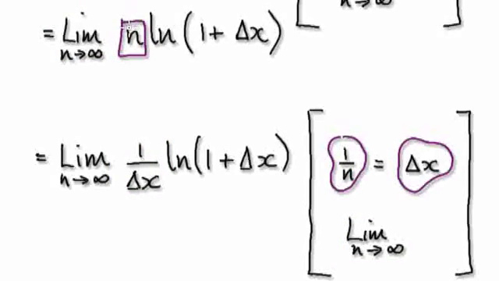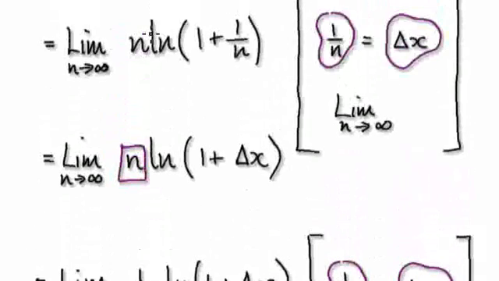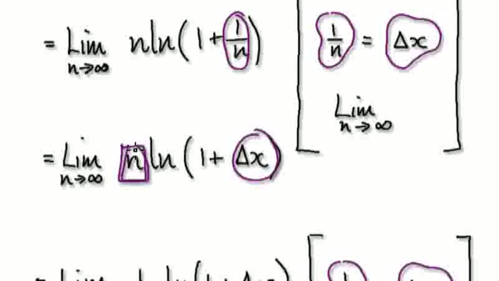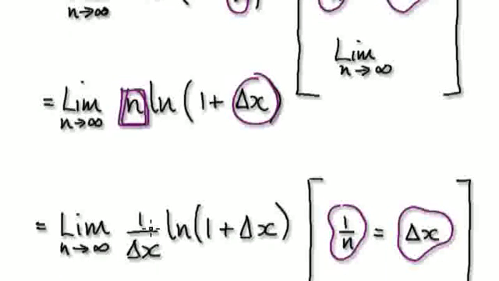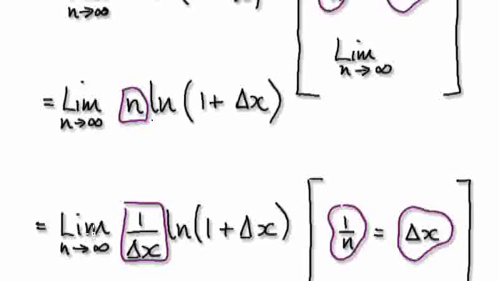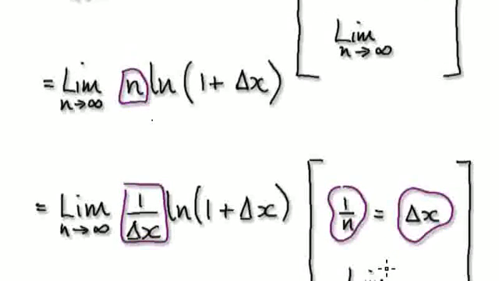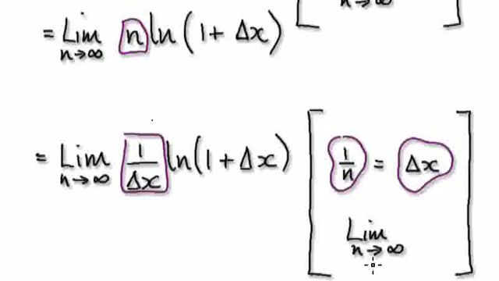If you were to rewrite this thing here as delta x, then you must rewrite the n as 1 over delta x. Now looking at this n, as you increase n, 1 over n will get smaller and smaller, so this thing will get smaller and smaller.